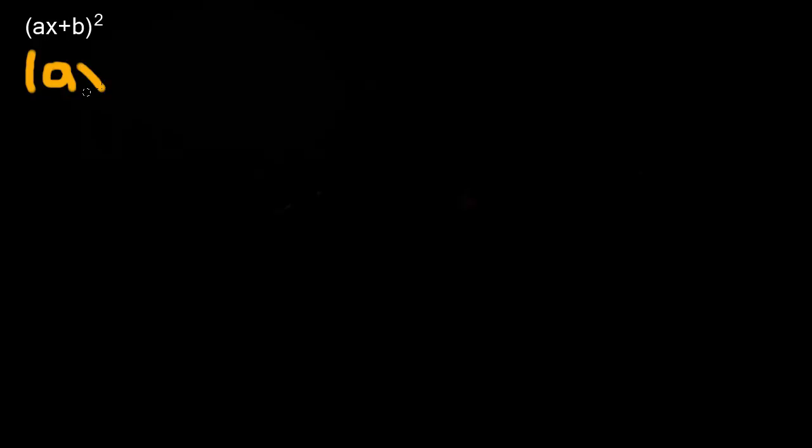And so what I'm going to do is I'll tell you what I'm doing. So if you have x squared, you should know that it actually equals x times x. Same thing here, we have ax plus b whole squared, as they say in India.